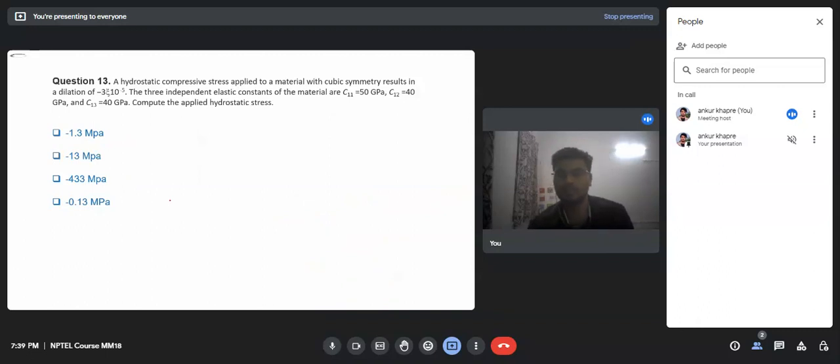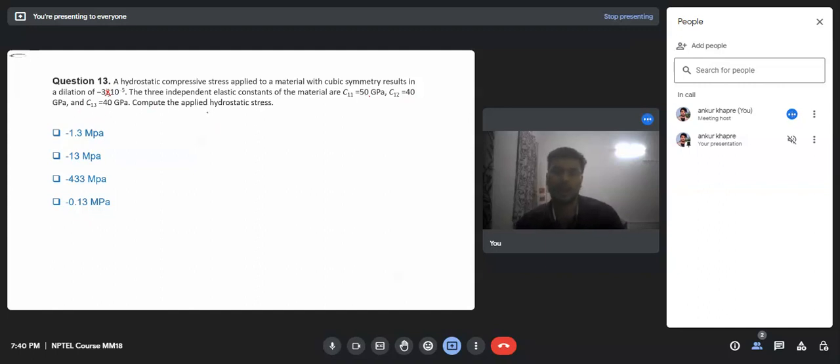The question is, a hydrostatic compressive stress applied to a material with cubic symmetry results in a dilation of minus 3 into 10 to the power minus 5, and the three independent elastic constants for the material are C11 is equal to 50 gigapascal, C12 is equal to 40 gigapascal, and C13 is equal to 40 gigapascal.